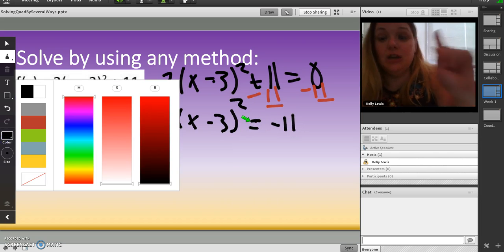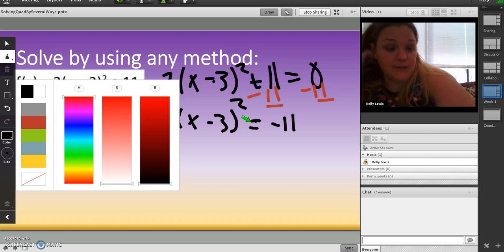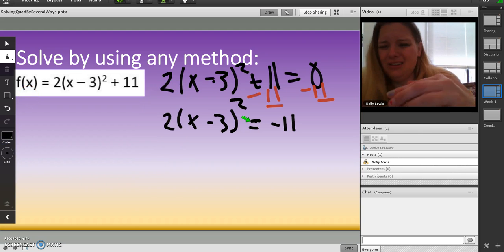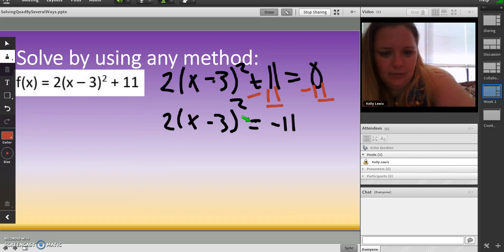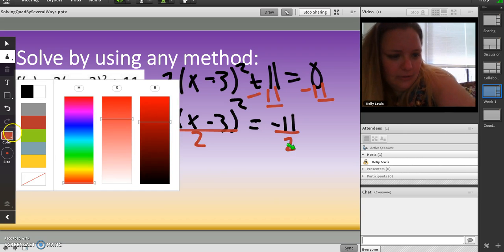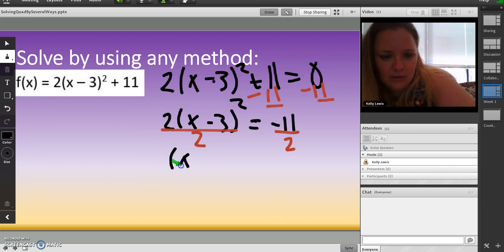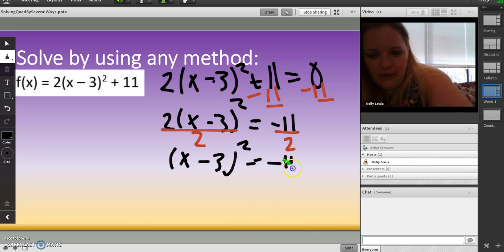We need to move that 2. If you distribute that 2 inside the parentheses, a dog's going to die. I'm saying that because there's a meme if you Google it. I'm not really crazy, well, I'm crazy, but not that kind of crazy. So (x minus 3) squared equals negative 11 over 2.